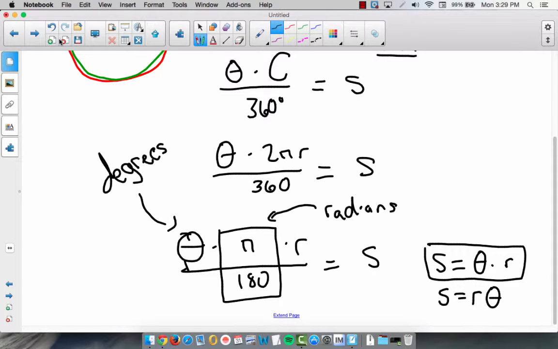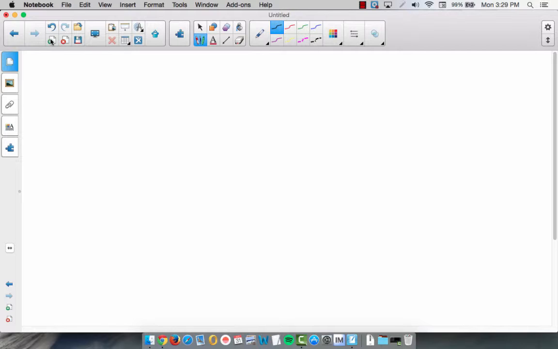Let's take an example. Geometry problem used to be find the length of this arc, and we'll do an easy example so we could do this in our heads. Let's say this is 90 degrees and the radius is 4 centimeters.